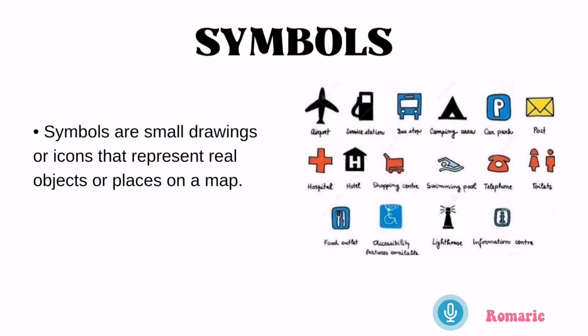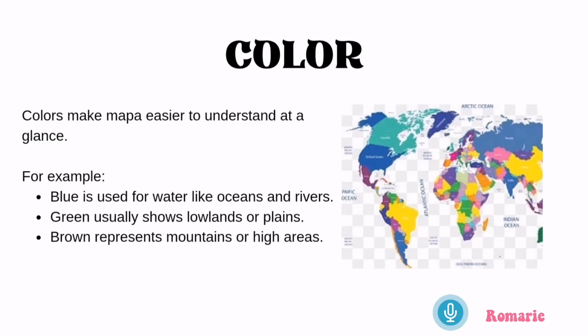Next, we have here symbols. Symbols are small drawings or icons that represent real objects or places on a map. For example, a star might represent a capital city, and a cross might represent a church. Next, we also have colors.